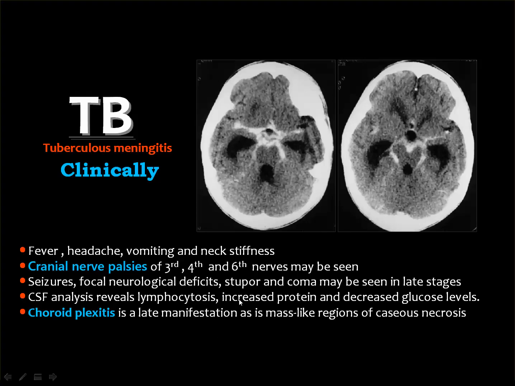And you know that TB is one of the prevalent types of infection in our area, and the clinical picture of TB intracranial infection will include fever, headache, vomiting, and sometimes the cranial nerve affection, maybe seizures, and sometimes the infection will spread in every direction, like reaching the brain parenchyma and reaching the ventricles, maybe resulting in inflammation of the choroid plexus, which is known as choroid plexitis.